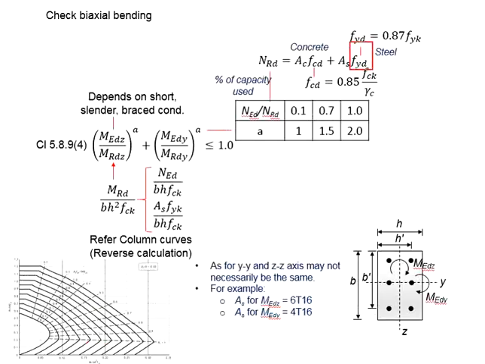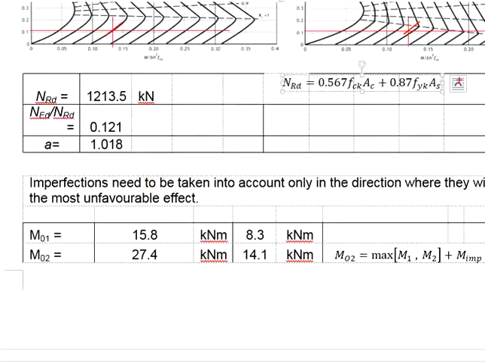As for the fyd, it is calculated by having 0.87 fyk. fyk is given as 500 N/mm². Substitute the relevant values into the equations, you get your total axial load resistance for that particular column equals 1213.5 kN.